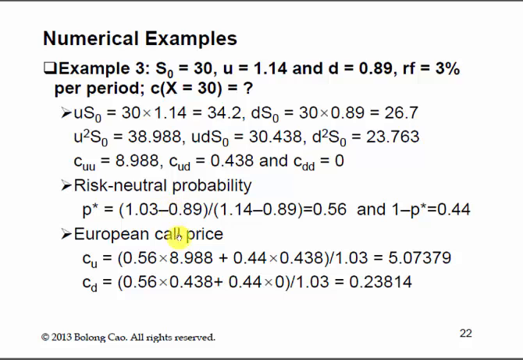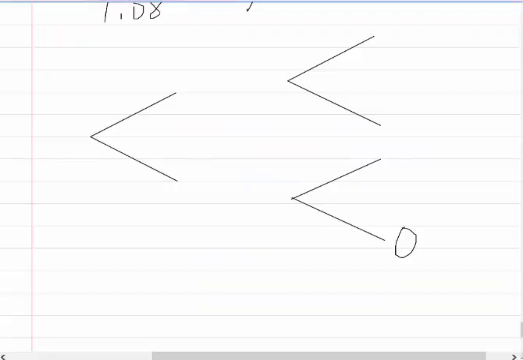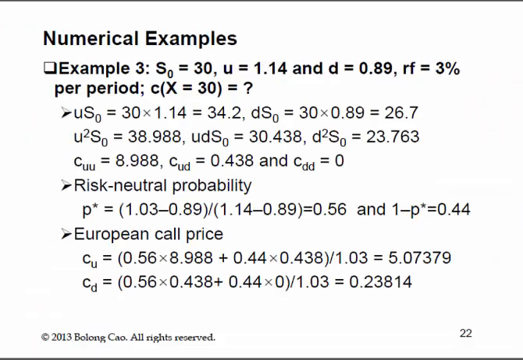In the middle, what do we have? 30.438 minus 30, so 0.438. And in the upstate, we have 38.988 minus $30, the strike.